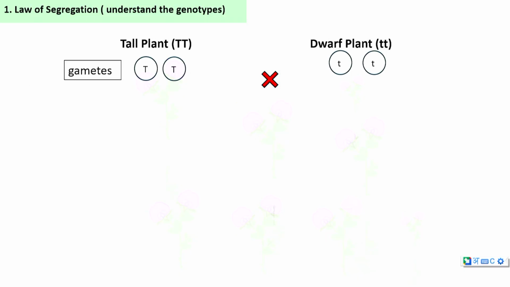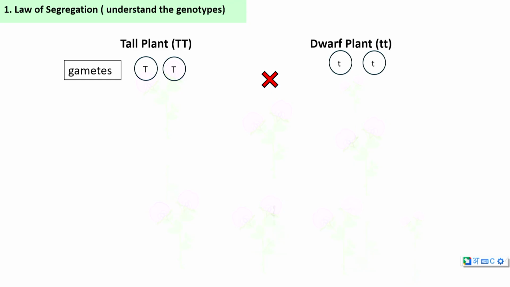Now look at this from a genotypic point of view. As I already informed you, tall we write as capital T and dwarf as small t. When a tall plant makes gametes, what types of gametes could it make?